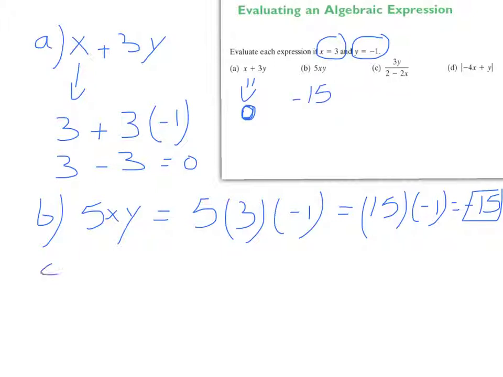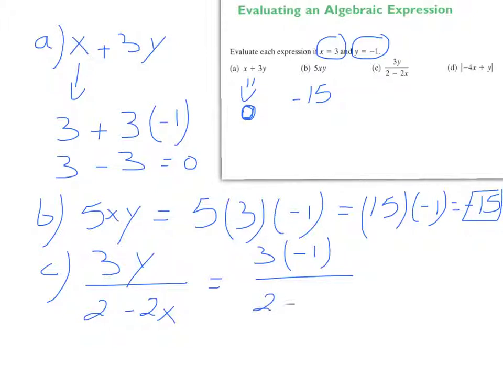And then we have c. We have 3y over 2 minus 2x. Well, we will substitute y by -1 again, and for x, we're going to substitute x by 3.